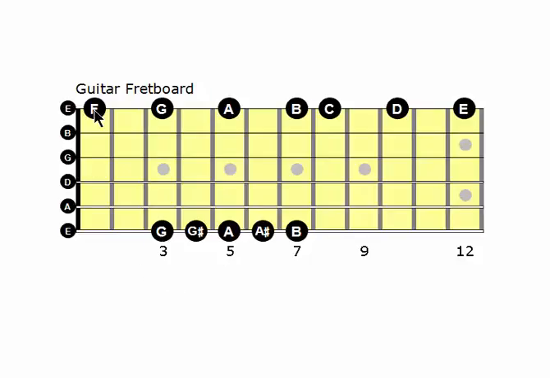So from E to F is 1 fret, but from F to G you have to go 2 frets. From G to A you have to go 2 frets. A to B you have to go 2 frets. From B to C is 1 fret, from C to D is 2 frets, and from D to E is 2 frets.